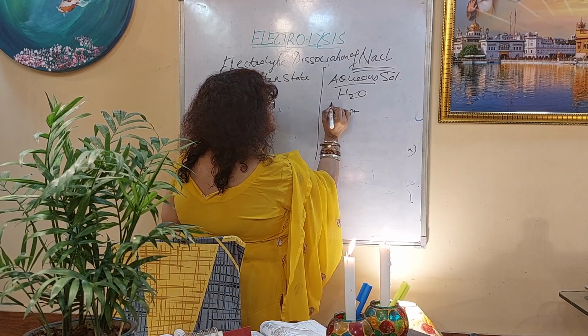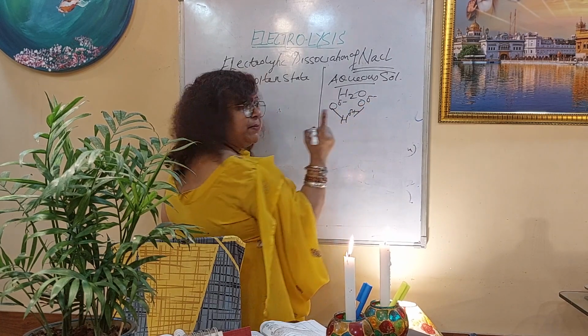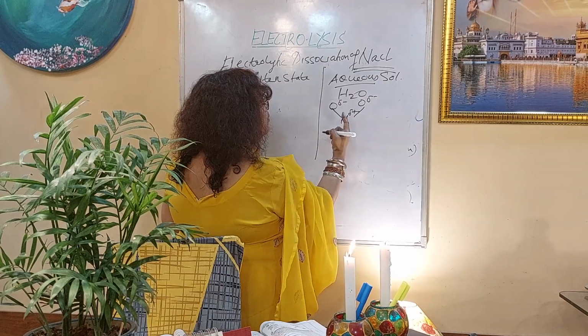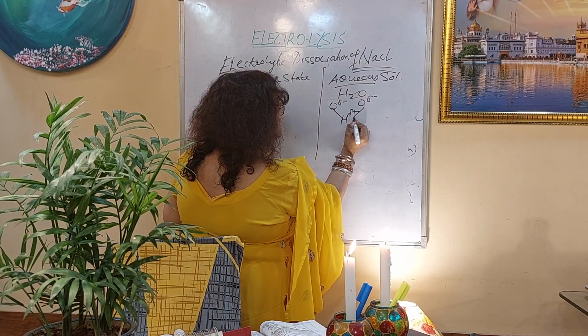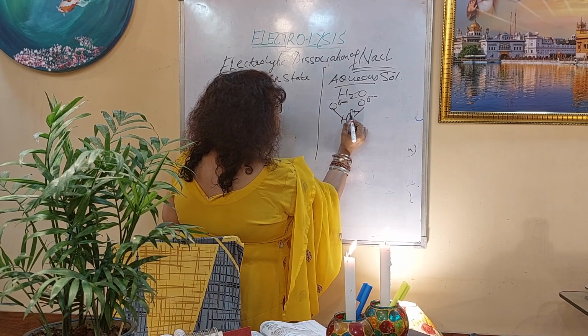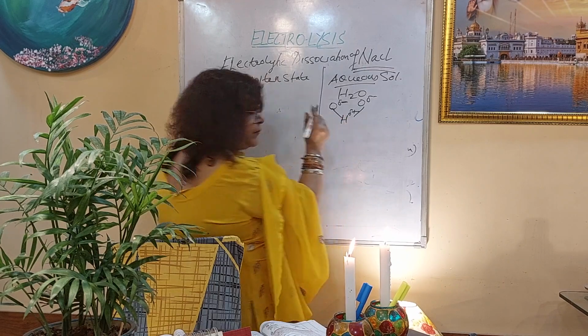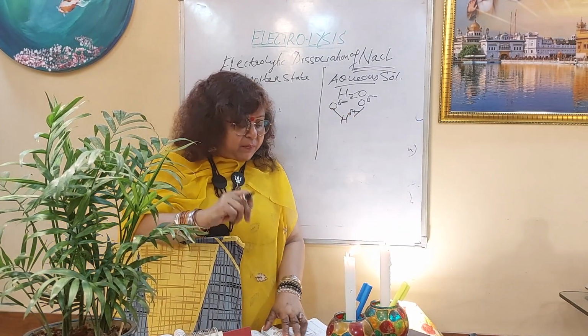In H2O, oxygen will have a negative charge and hydrogen will have a positive charge. Now this I will go partly. First I will go for the molten state. What will you write for the molten state?